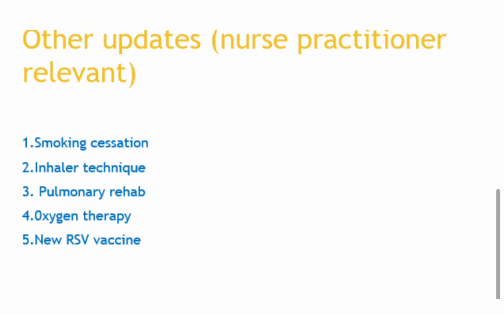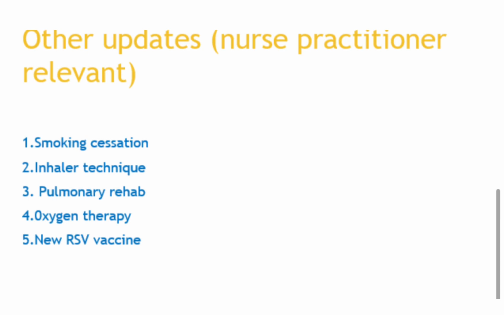Number 3, pulmonary rehab. It's recommended for patients who had exacerbations and moderate to severe COPD. It has strong evidence for improved symptoms, exercise tolerance, and quality of life. And then oxygen therapy is indicated when oxygen saturation is less than 88% at rest, and we know how to do the oxygen therapy.